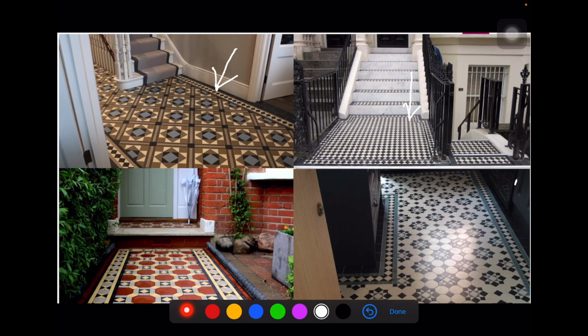Now this is another tessellation where you can see that it's made up of octagons, where it's 8. You can see from this one, 1, 2, 3, 4, 5, 6, 7, 8?